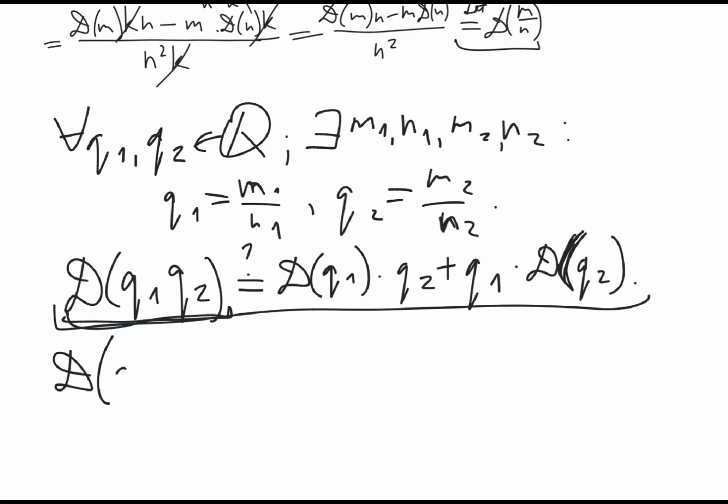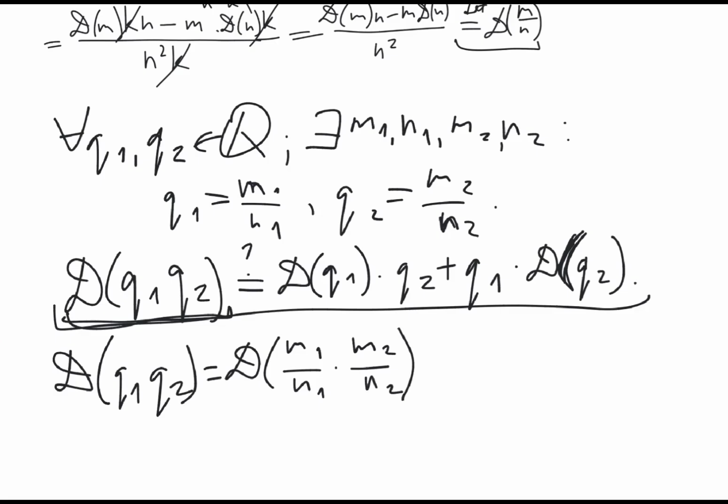So d of q1 q2 is equal to d of m1 over n1 multiplied by m2 over n2. And so now this is m1 multiplied by m2 over n1 multiplied by n2.